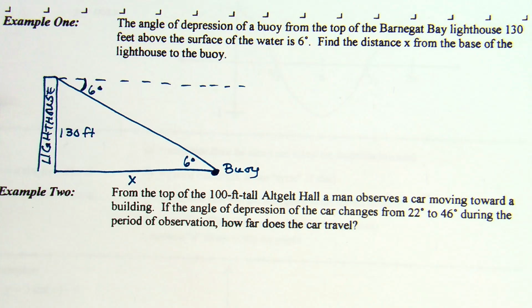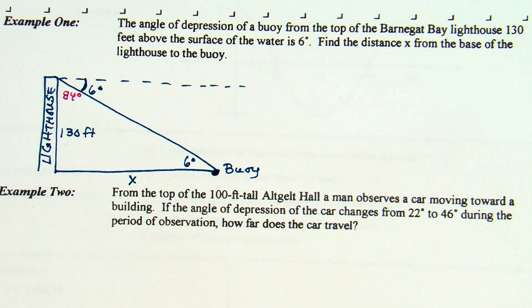Yeah, the horizontal and the lighthouse form a right angle. And so if you do 90 minus 6, this is 84. Ideally, you don't have to do any math if you just put the 6 in there, because it's the same. But if you didn't see the 6, you could put the 84 there, and that works as well. Okay. How do I find x?